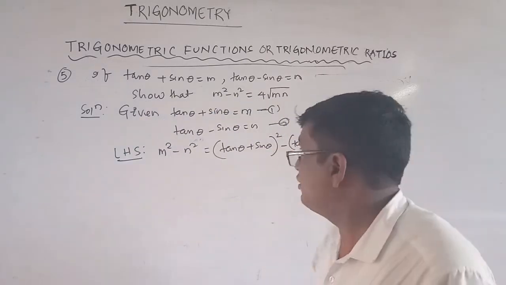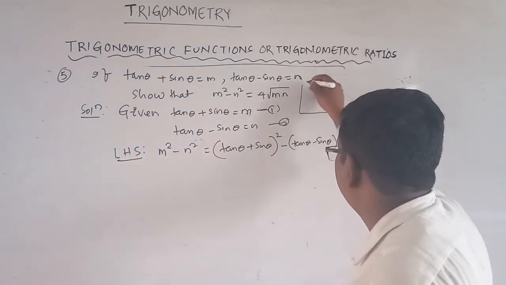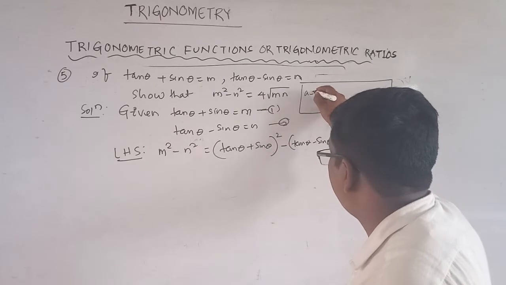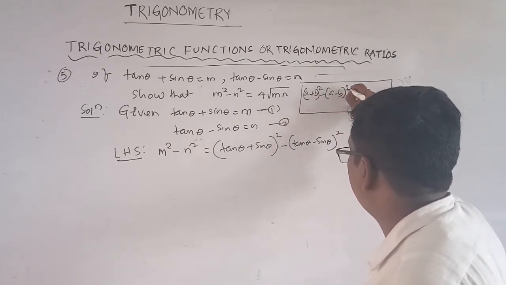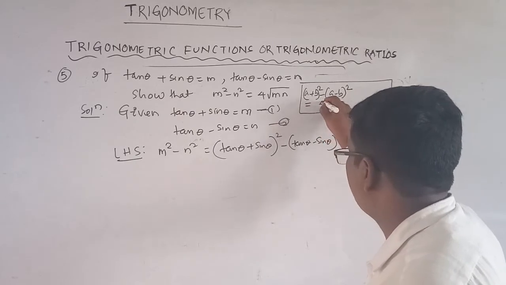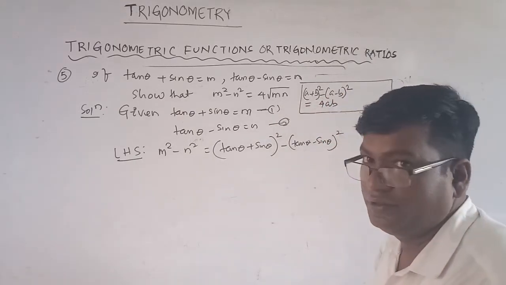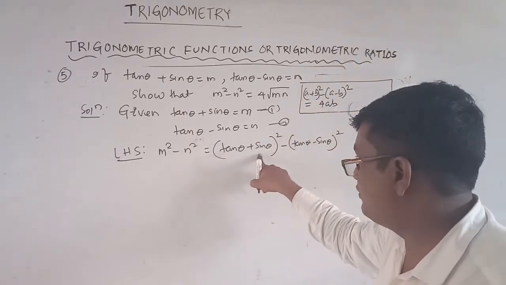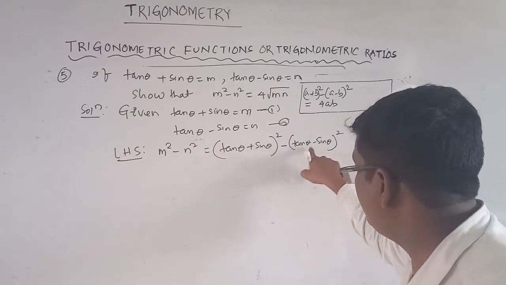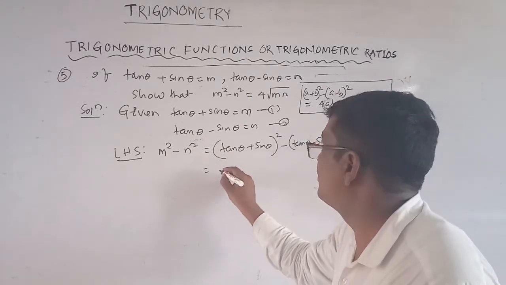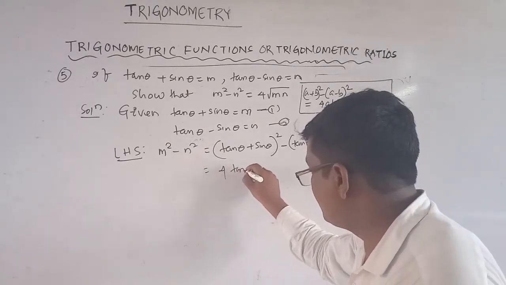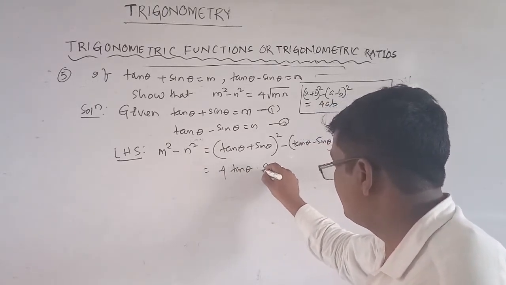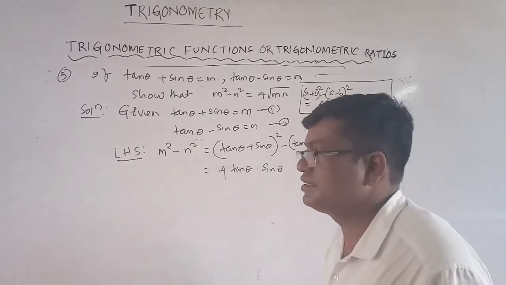We know the formula: a plus b whole square minus a minus b whole square is equal to 4ab. So this is 4 into a, where a means tan theta and b means sin theta. This is left hand side.